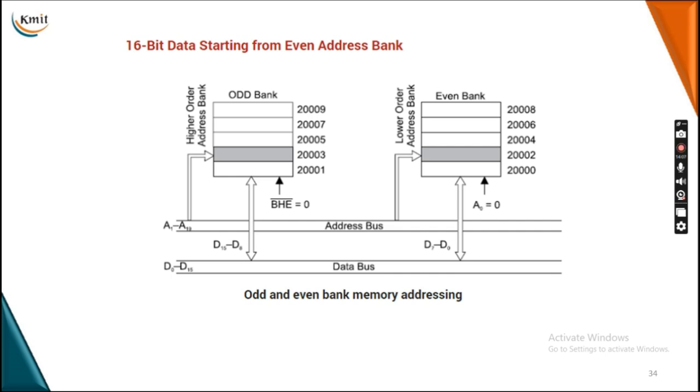But A0 and BHE bar should be 0, 1 or 1, 0. If you want to go for 16-bit data, then you have to have A0 and BHE bar as 0, 0. Then only can you process the 16-bit data from the even address bank and odd address bank. Clear? Thank you.